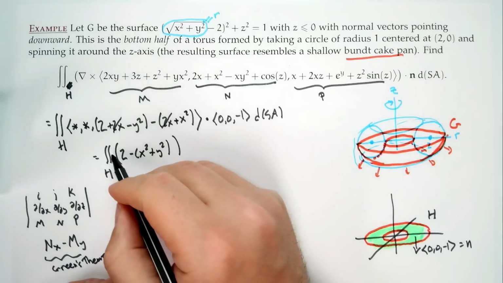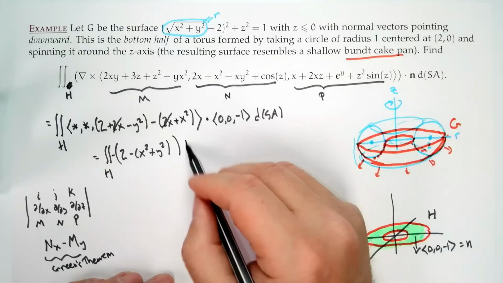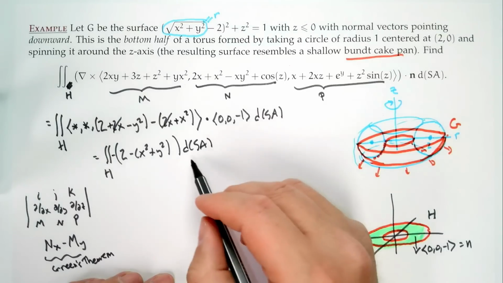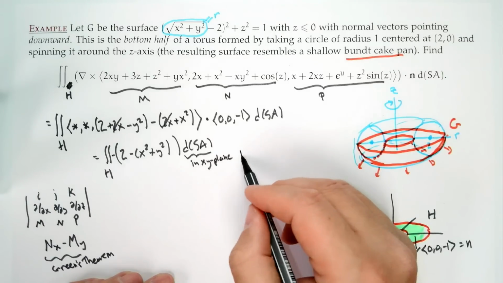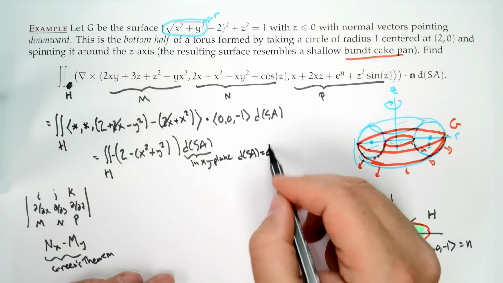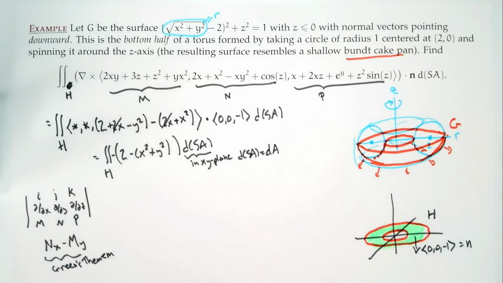So put a negative there, dS. But really, we're in the xy plane, so dS is really just dA, because it's back to business as usual.